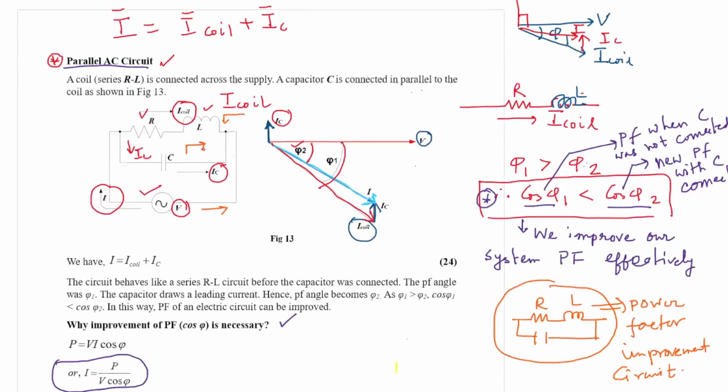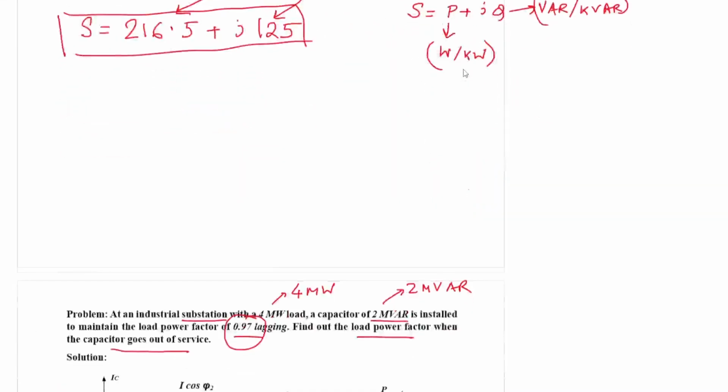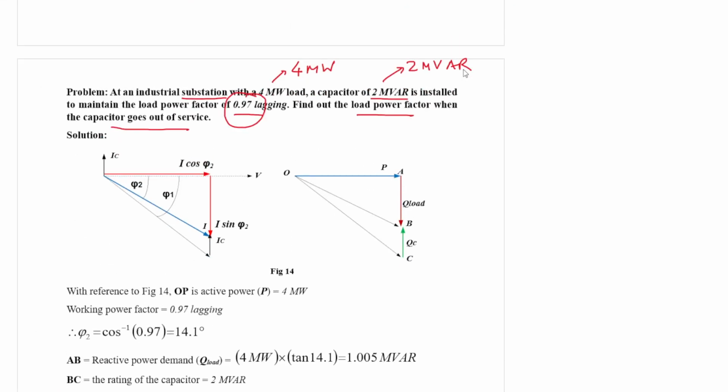So we represent this phasor diagram again. Let us say we have a voltage phasor, and we have the initial current, which we call I old. The initial power factor angle was phi 1.